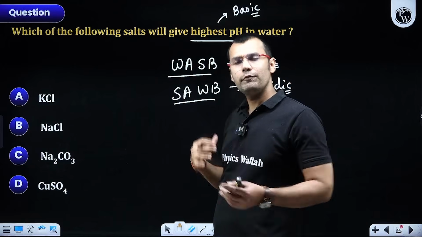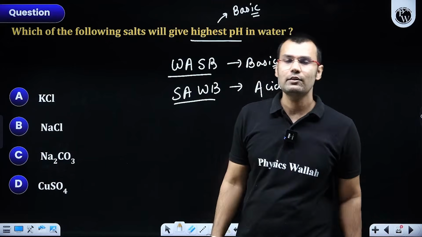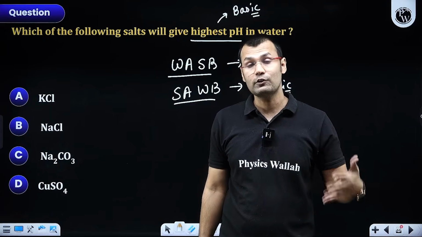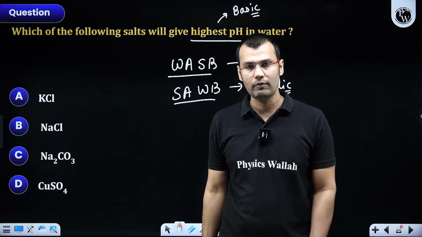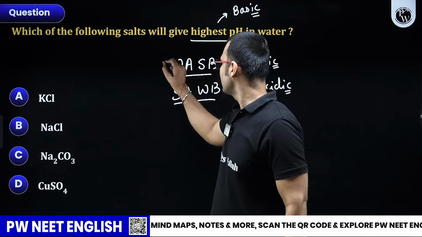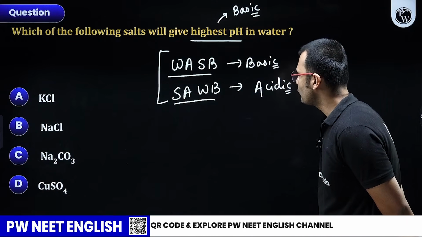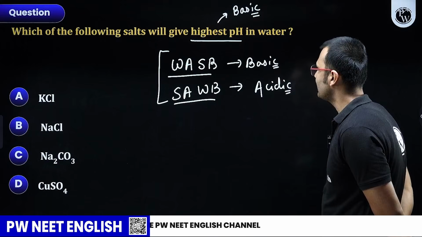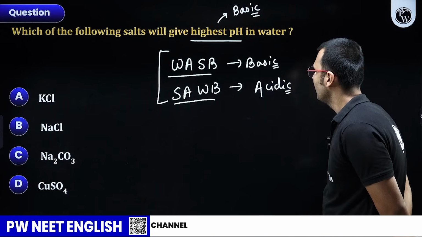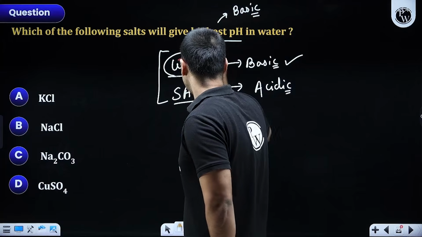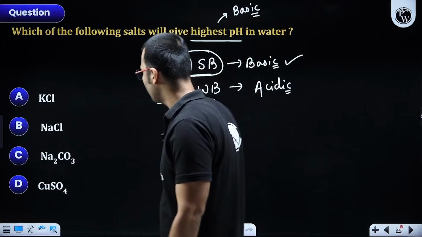When you have a weak acid, weak base salt, you cannot say with certainty because it will depend on the ionization constants of your acid and base, the pKa and pKb values. But at least for these two cases, you can say that a salt of weak acid, strong base will be basic and a salt of strong acid, weak base will be acidic. Highest pH means basic, and basic means we have to discover which salt is made up of weak acid, strong base. Now one by one.